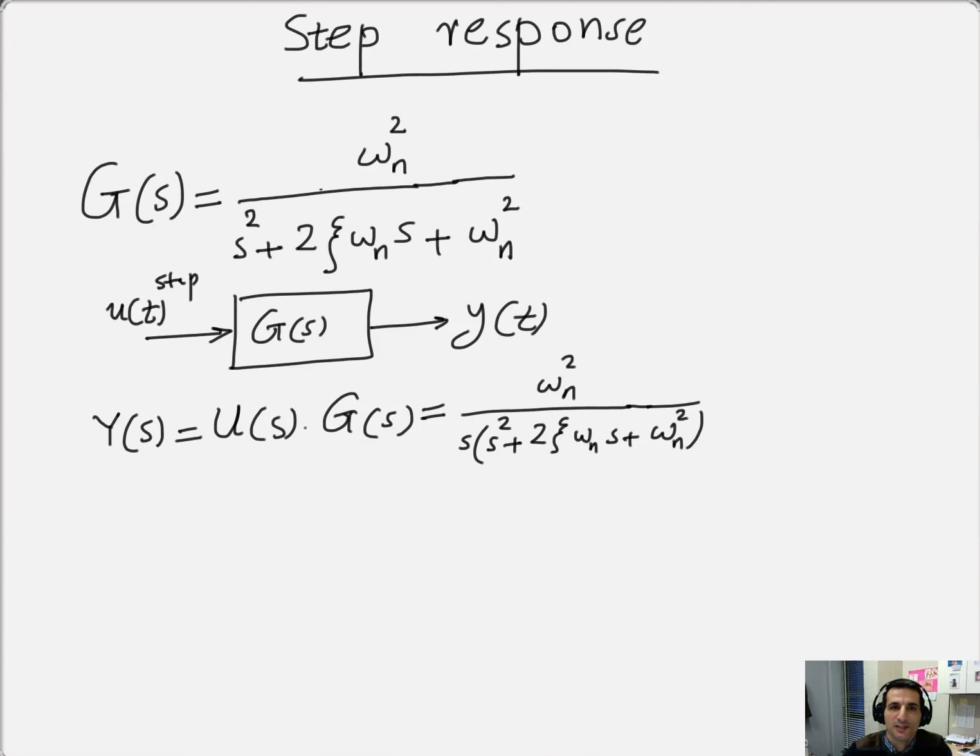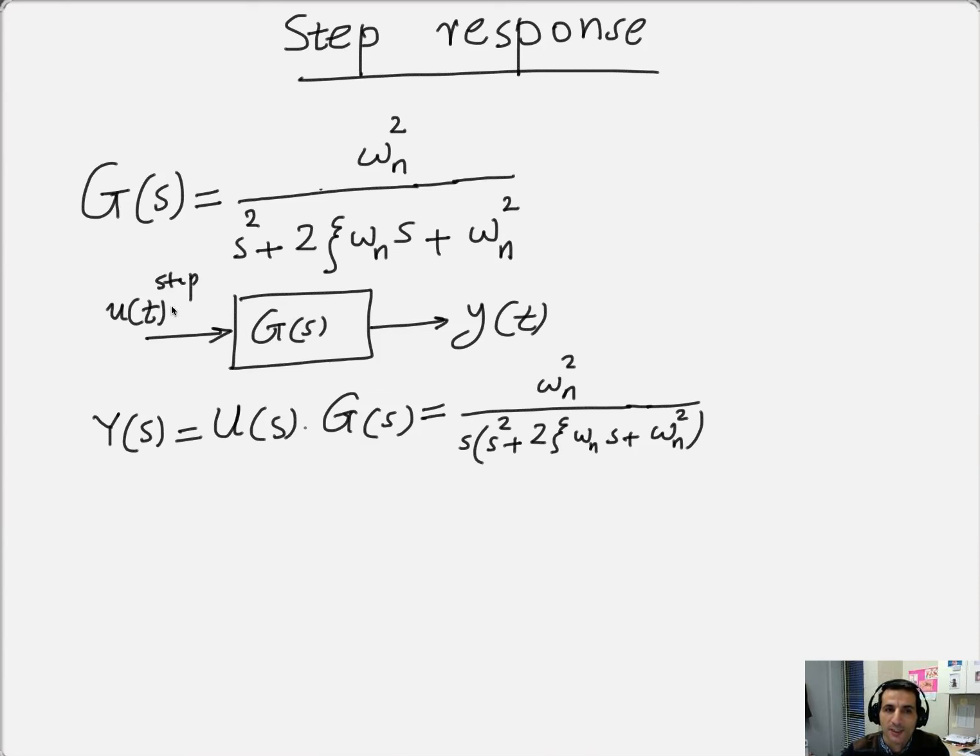Here you see the step response of second order systems. If you recall from the previous lecture, we characterized the transfer function of second order systems in general as G of s equal to omega n squared divided by s squared plus 2 zeta omega n s plus omega n squared. We call omega n the natural frequency and zeta the damping ratio.